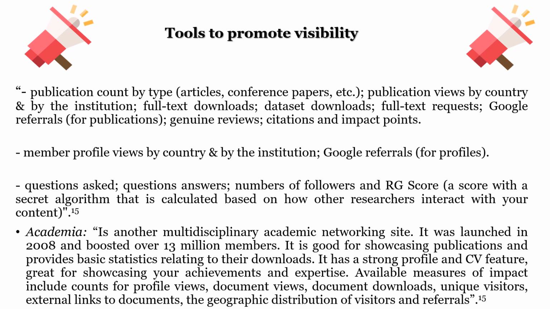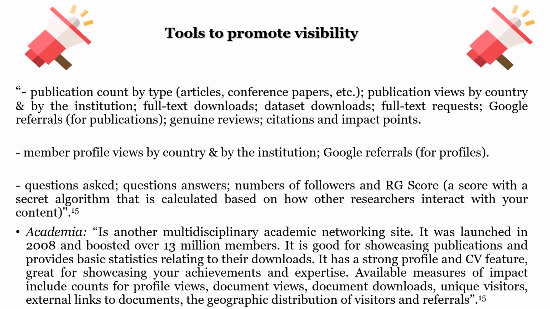The next tool is Academia. This is another multidisciplinary academic networking site. It was launched in 2008 and boasts over 13 million members. It is good for showcasing publications, and it provides basic statistics relating to downloads. It has a strong profile and CV features, great for showcasing your achievements and expertise.